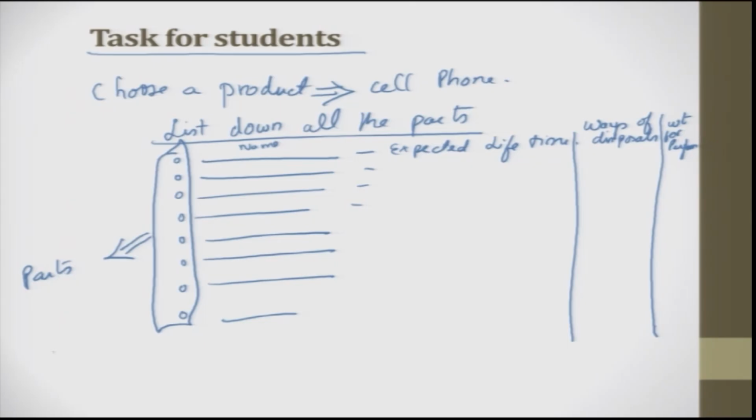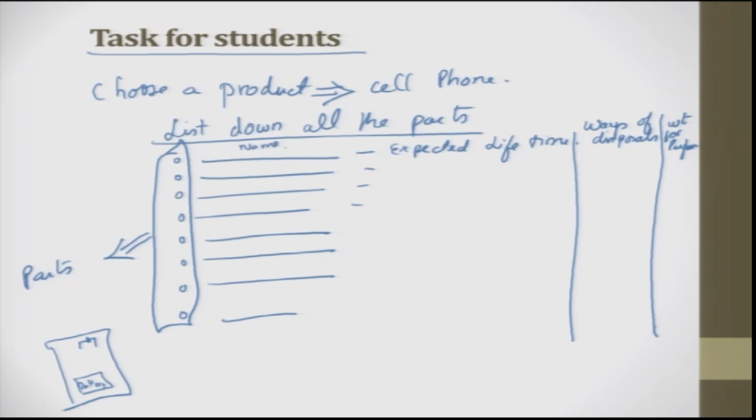For example, you take a cell phone: what is the weightage of the battery in the overall performance of a cell phone, or what is the performance weightage of the glass on top, or something else, the vibratory part, whatever is there in a cell phone with respect to its performance.